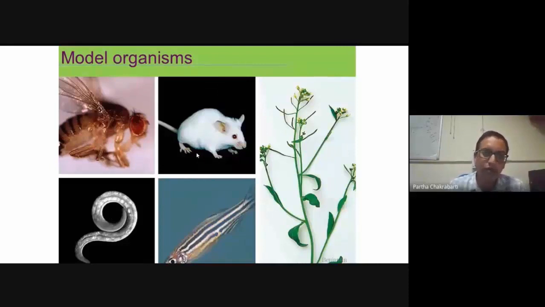The mouse, where you have a homogenized genomic background. This fish, you might have heard about zebrafish, and in plant science, Arabidopsis thaliana is very commonly used across the globe, where we can conduct experiments in a very controlled fashion.